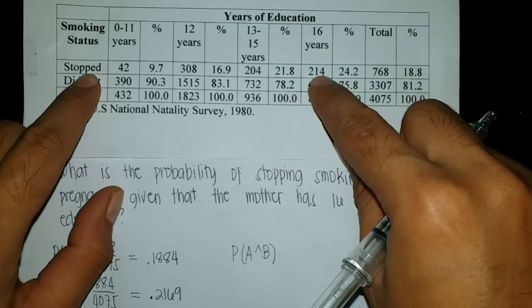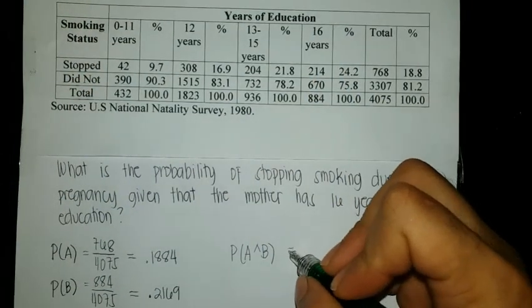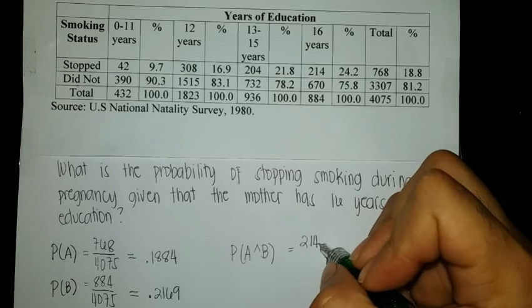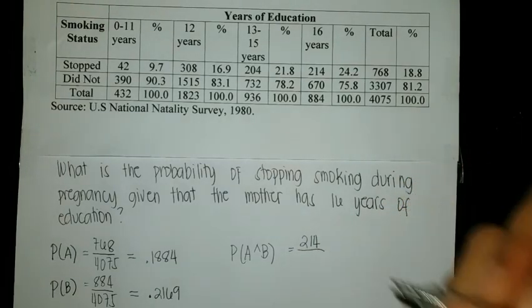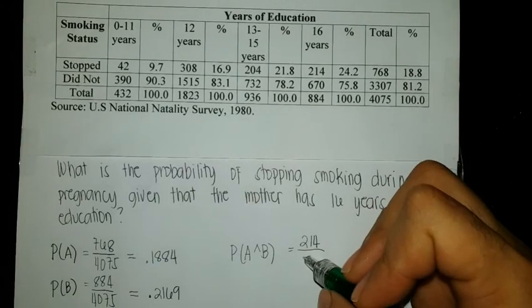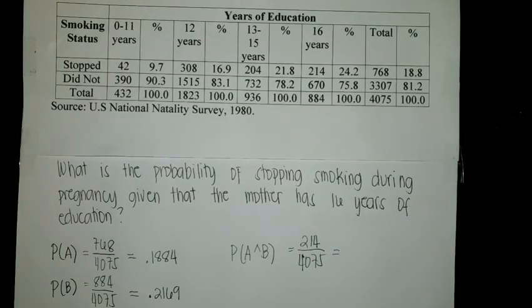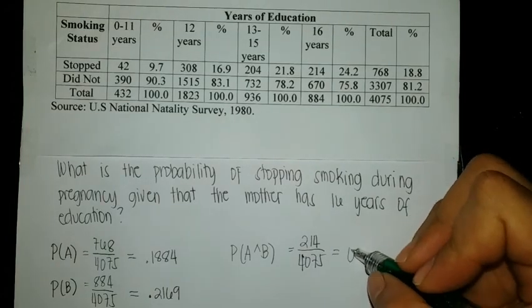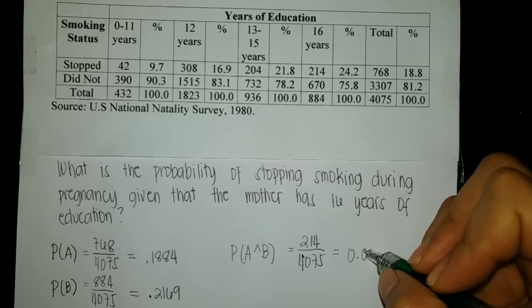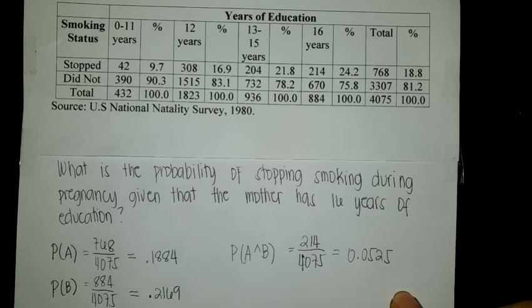Their intersection will be 214. So, that will be equal to 214 divided by the total possible outcomes, which is 4,075. Getting now the quotient, that will be approximately 0.0525. So this is the probability of selecting a mother who has both stopped smoking and has 16 years of education.